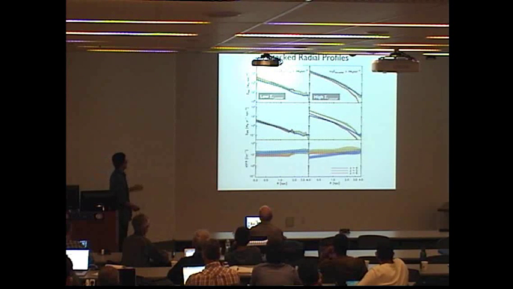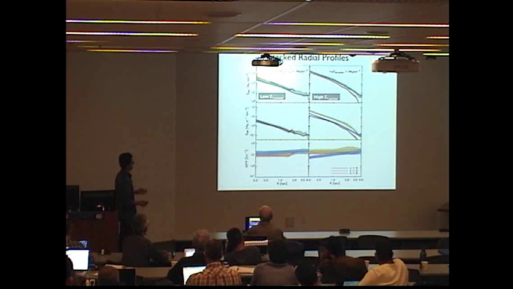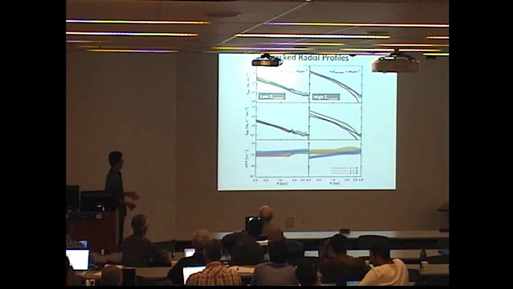I also try to analyze radial profiles stacked from individual galaxies' radial profiles. So I divided galaxies into two groups, one with low central mass density and one with higher central mass density, at different redshift bins.